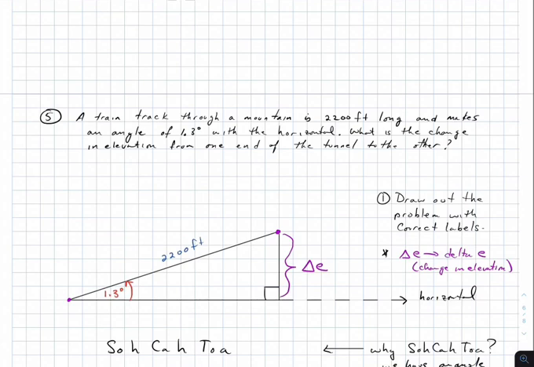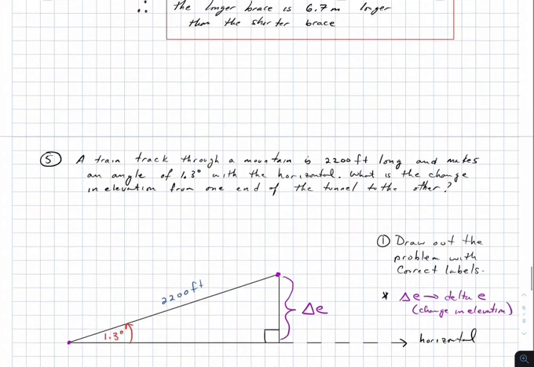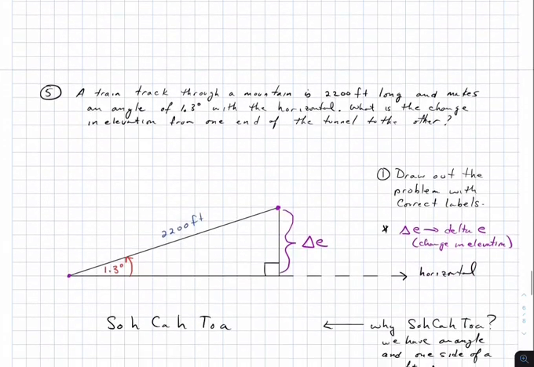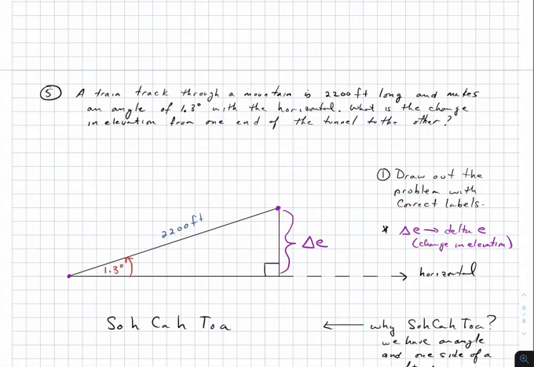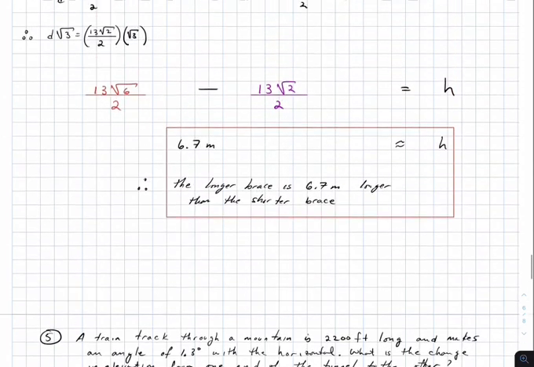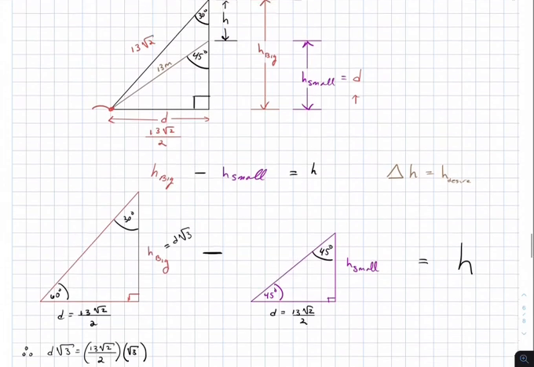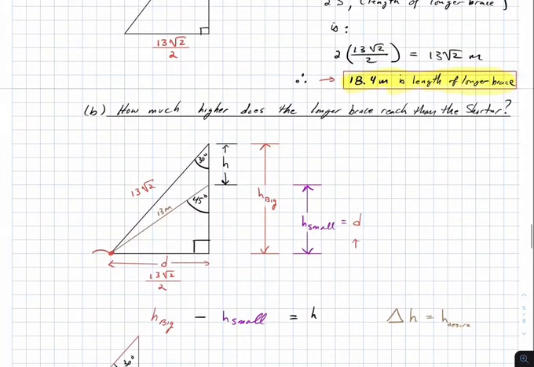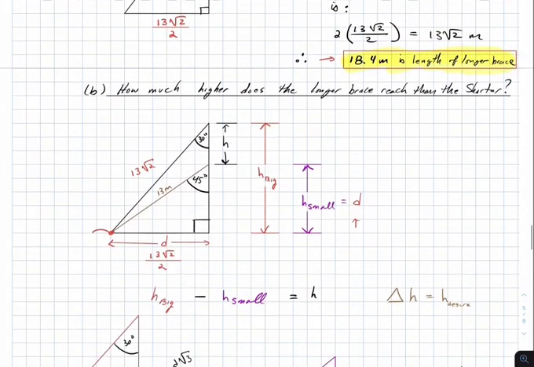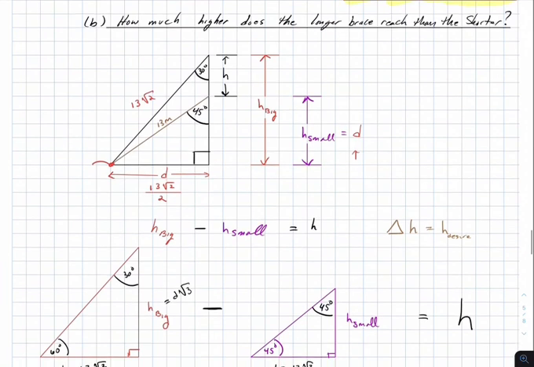Okay? Now, number 5 was a little bit easier, right? It might have been a little more difficult because we have to draw the problem out. And I still drew it out for you, but just remember that a lot of the problems you're going to see are not given with drawings. Like, they're not drawn out for you. I think the toughest problem here is this B, okay? This, I think, will give you some time to think about.